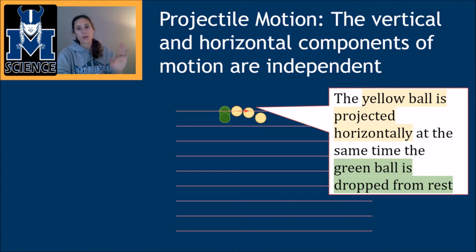The yellow one has some horizontal displacement, whereas the green ball is staying in the same horizontal position, but their vertical displacement is going to be the same, okay? So if you were to track both of those, you'll notice that they go down vertically by the same amount, or they have the same displacement every time point, okay?